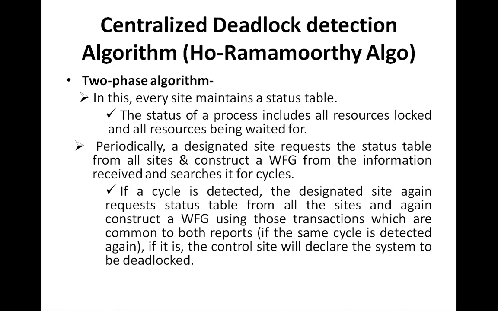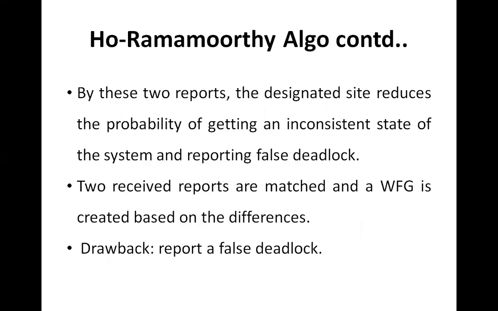By getting these two consecutive reports, the designated site reduces the possibility of getting an inconsistent view, but does not eliminate the possibility of false deadlock. So that is the drawback of this Ramamurthy two-phase algorithm.